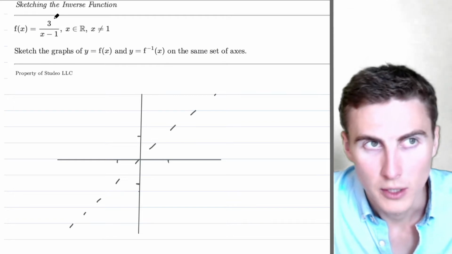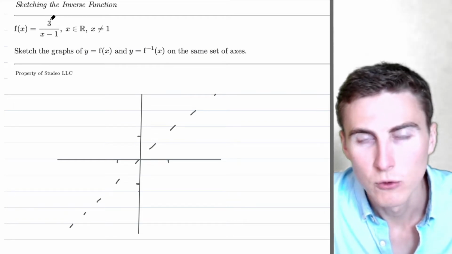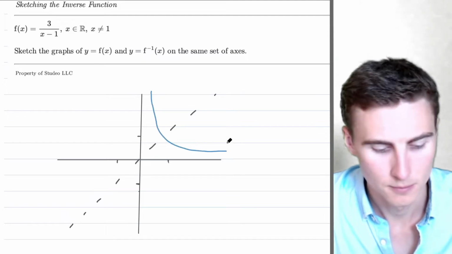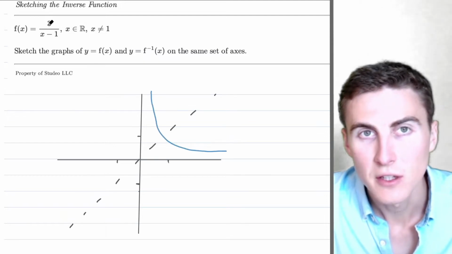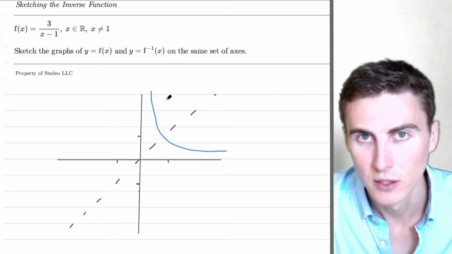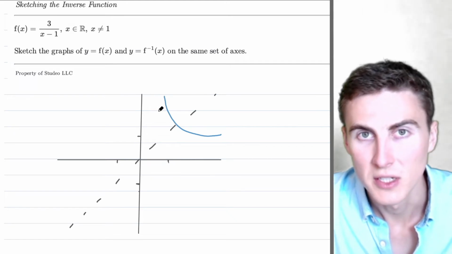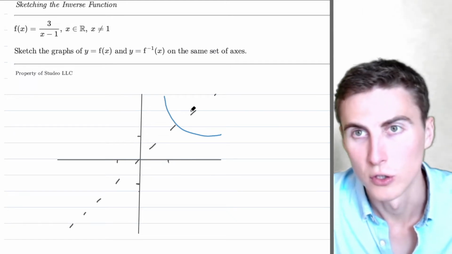Okay, so what would this look like? Well, if it was just 1 over x, it would be like that. The fact is it's 3 over x effectively, which means it comes a bit further away from the axis. And then the fact that it has the minus 1 means that it shifts across by 1.